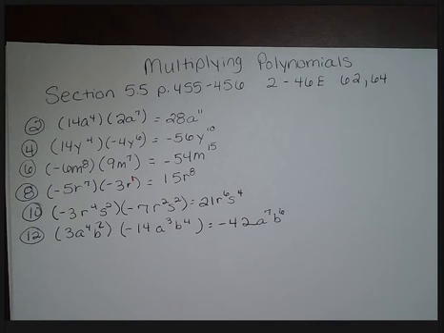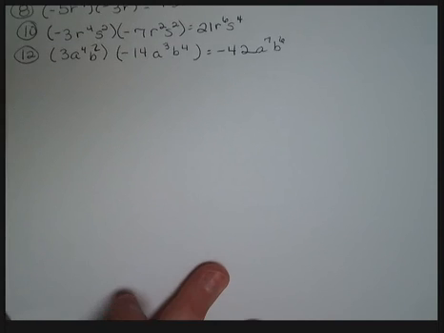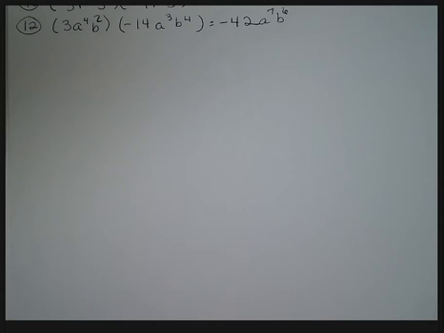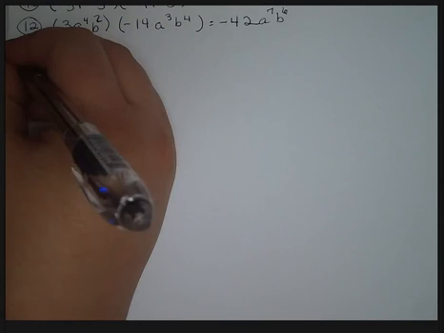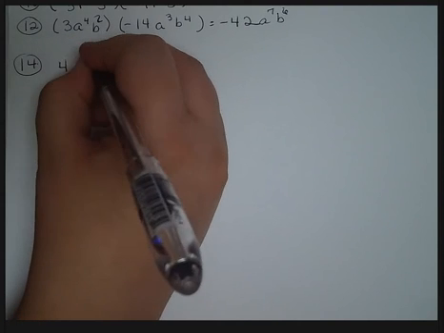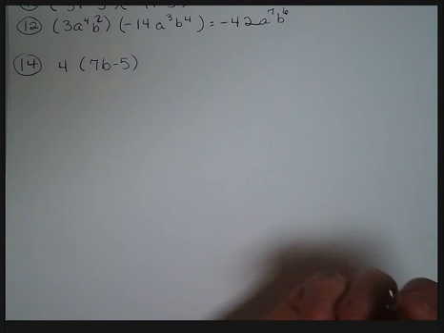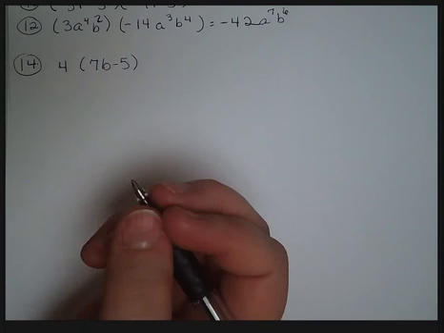of that section. Again, that was reviewing that section 5.1 material that we should already know. Now we're going to look at number 14. This should look familiar to you. You have 4 parentheses 7b minus 5. This should look familiar because it is your distributive property.